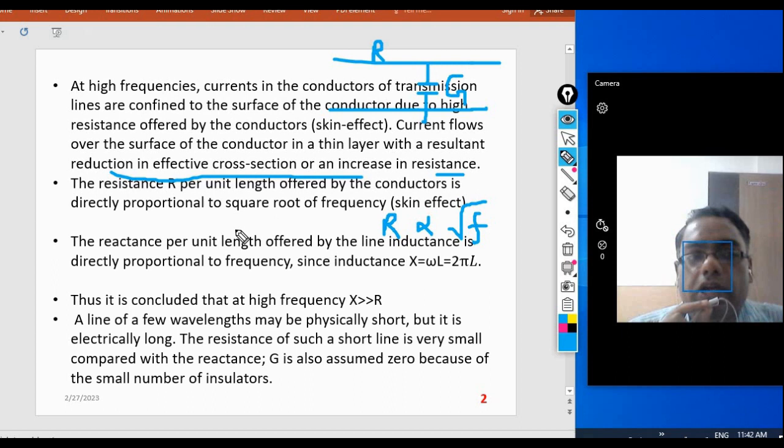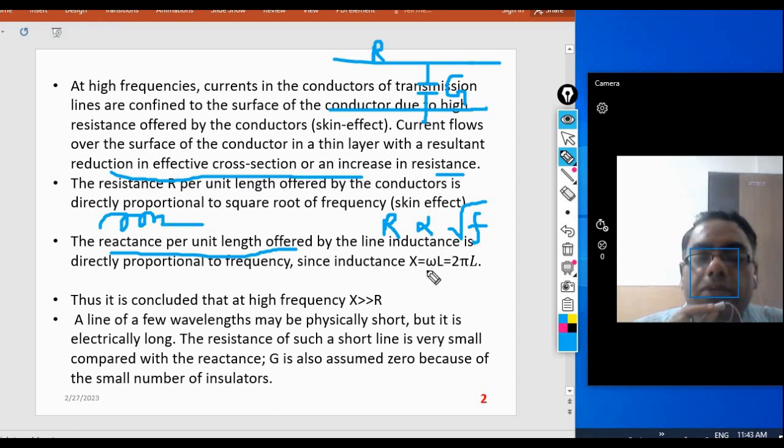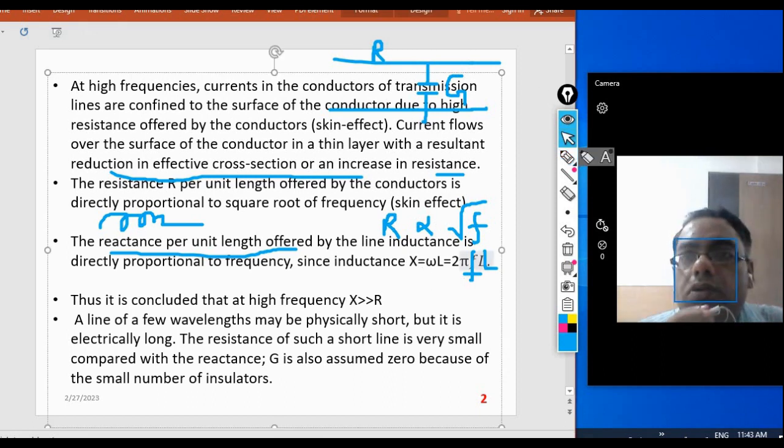However, the conductors also offer reactance per unit length, because of which we include inductors. This reactance offered by the inductor is given by X equal to omega L, where omega is 2 pi f.